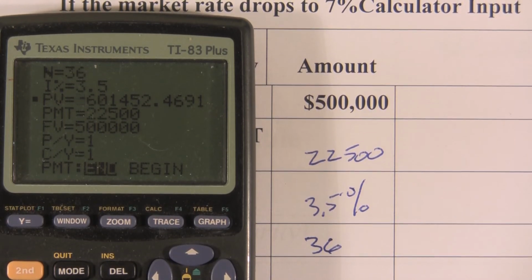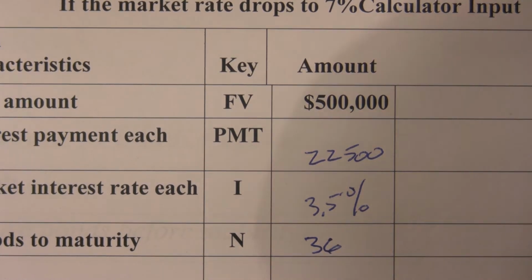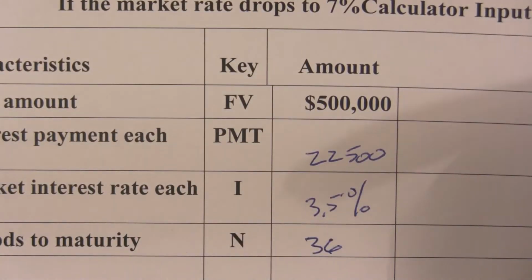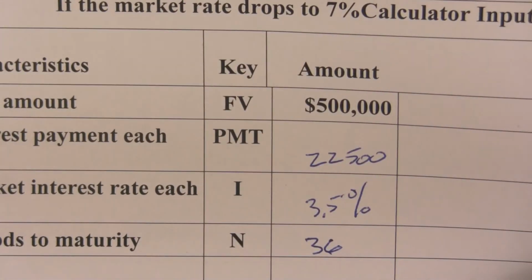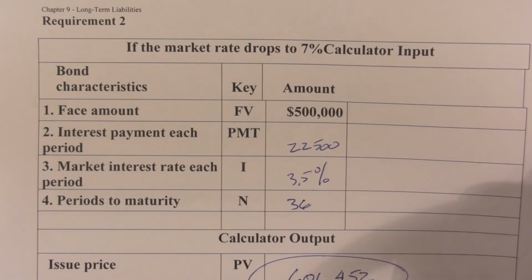And that is exactly what the book tells us. How about that? They got it right. So that's how much the bond will sell for in the market. $601,452.